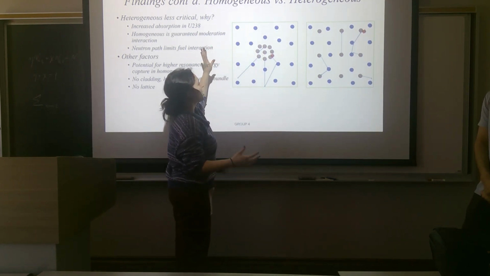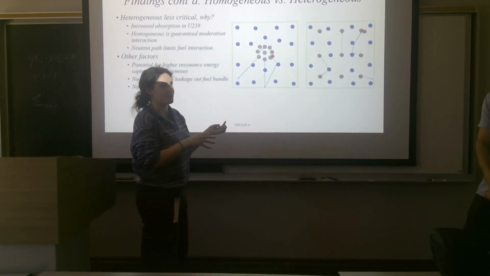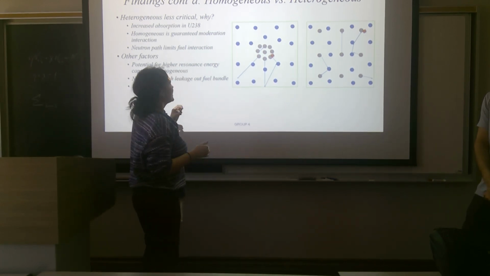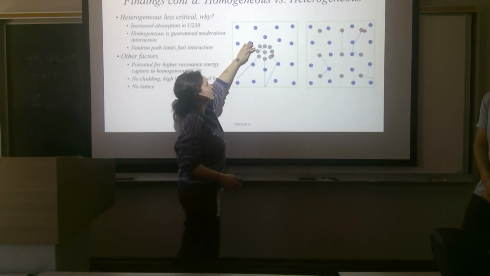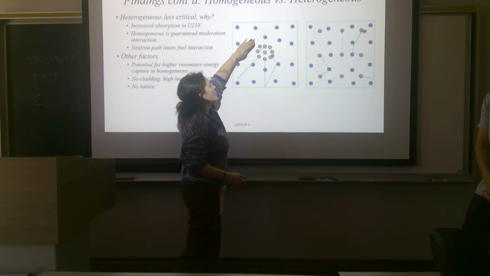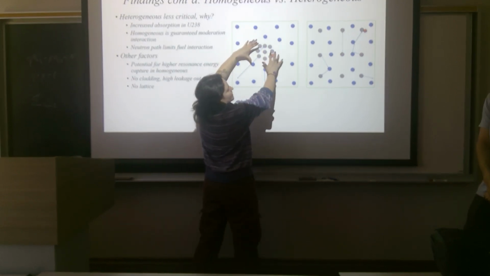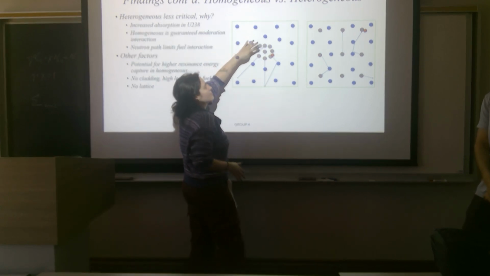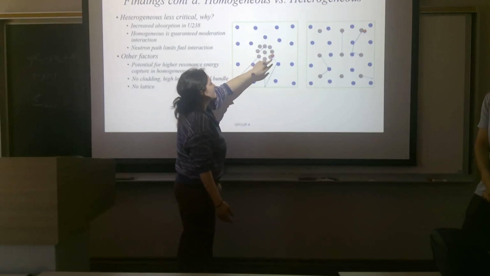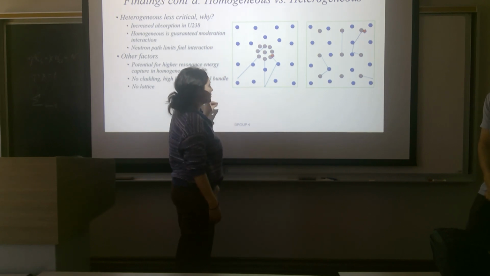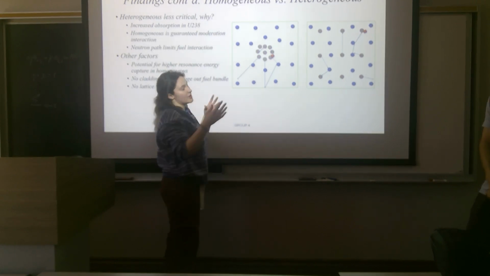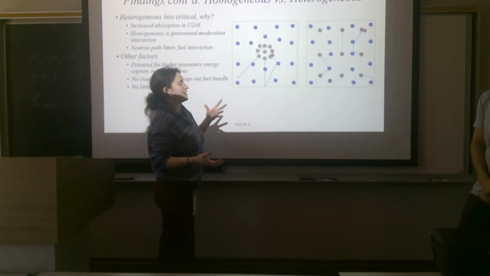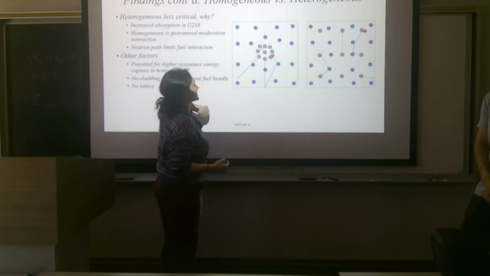Here we can see that our biggest theory for why the heterogeneous is less critical than the homogeneous is because in heterogeneous it's much more likely for the neutrons to get absorbed in the fuel bundle, because it's such a large area of fuel, and there are definitely going to be paths through that bundle where they will be absorbed, or a lot of them might leave the fuel bundle and then just not interact with another fuel pin, so then it'll just leave.